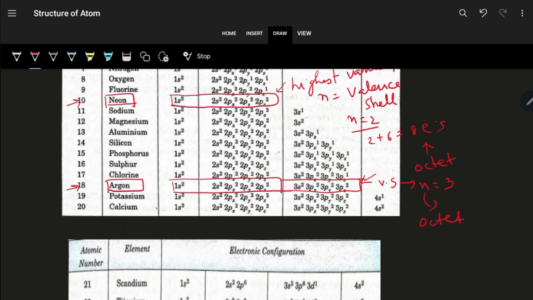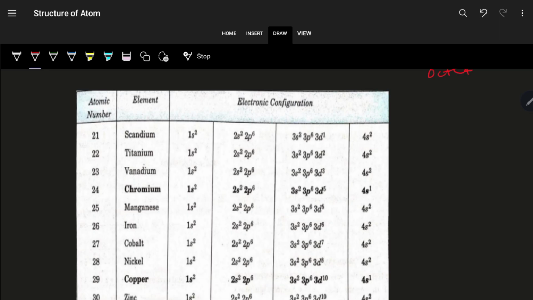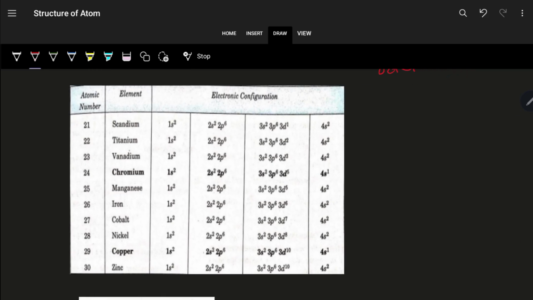So these are the noble gases, and now I am showing you the 3d series. These are the d series, because here you see 3d1 to 3d10. These are known as the 3d series, and it is known as the first transition series. They are the transition elements, and in the periodic table they are located in between the s and p blocks.